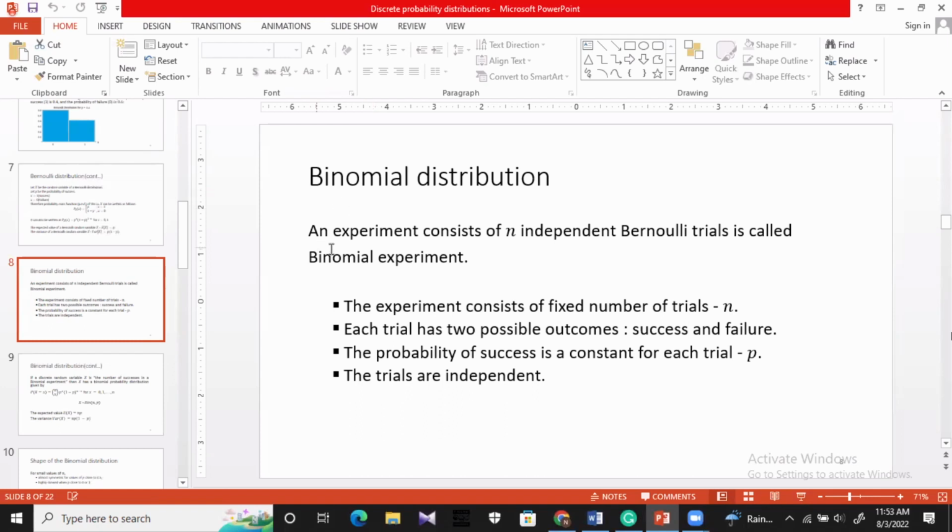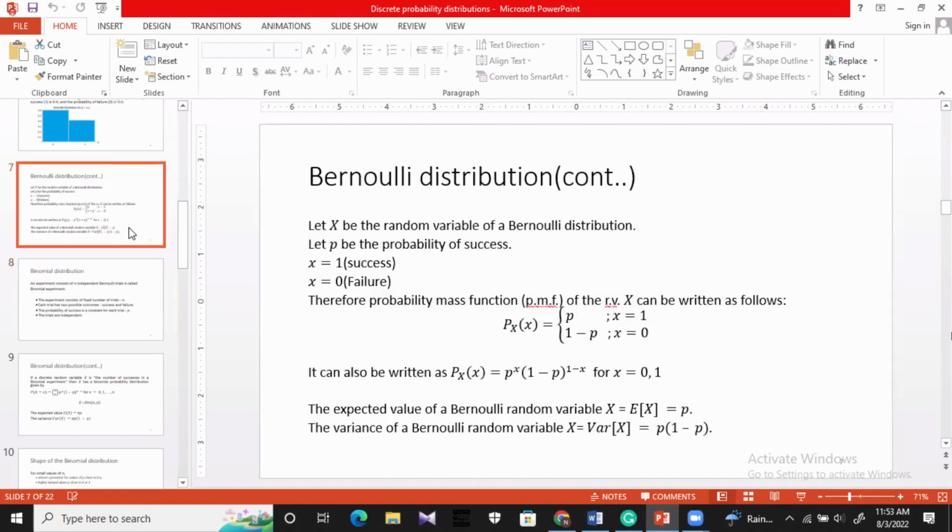Binomial distribution. An experiment consisting of n independent Bernoulli trials is called a binomial experiment. Okay. Now, tell me, before going to the binomial distribution, did you understand the Bernoulli distribution well? Yes or no?